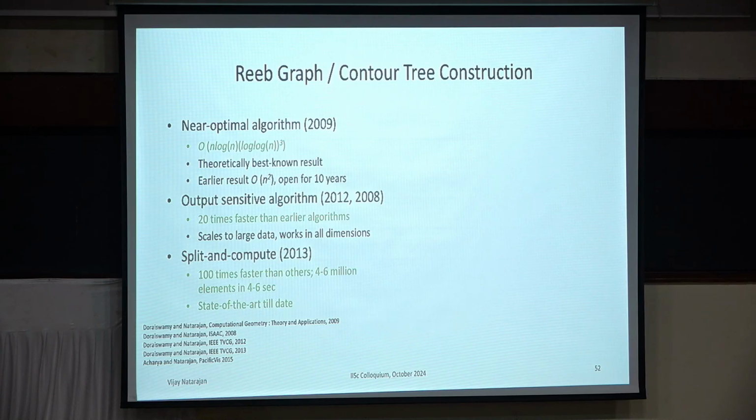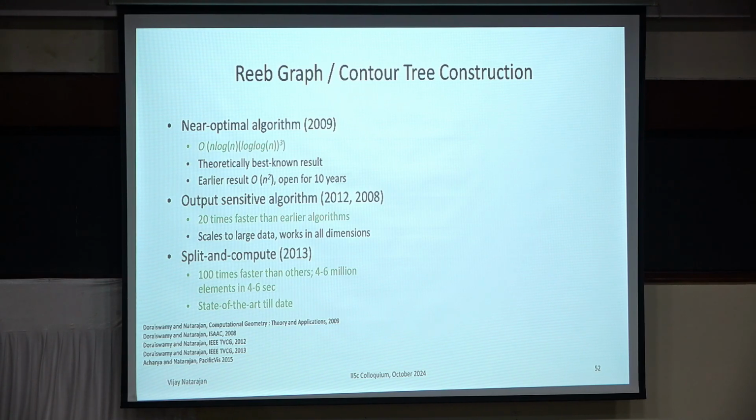Subsequently, an optimal algorithm has also been designed by others. But we were, of course, not happy with this near optimal algorithm because it was hopeless in terms of an implementation. So we designed a so-called output sensitive algorithm, one that needs more time if the output is large. It doesn't depend on the size of the input, but it would produce a result quickly if the output was small. And this turned out to be very fast in practice.